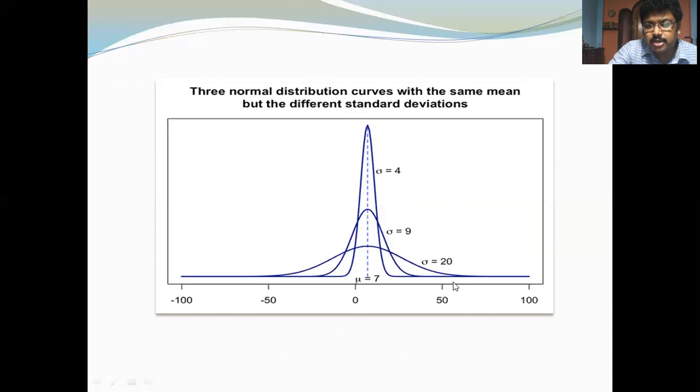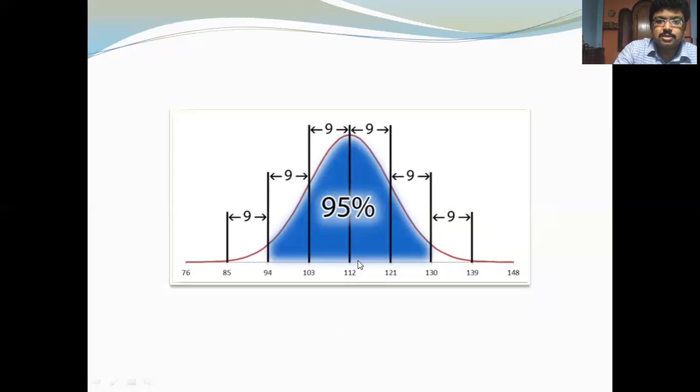Now, when the standard deviation is 20, the curve is even flatter and wider, with more dispersion in the random variable. So this is the graphical presentation of the normal distribution curves with the same mean but different standard deviations.